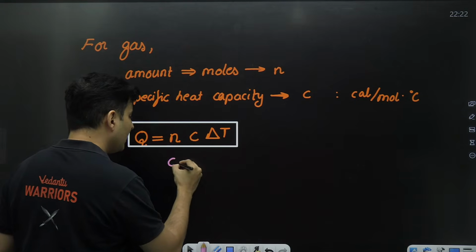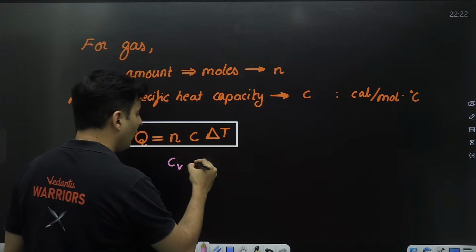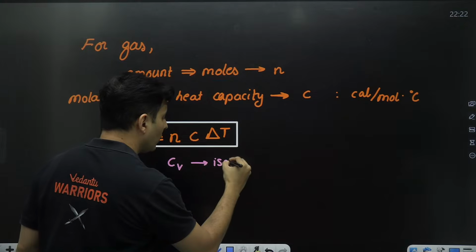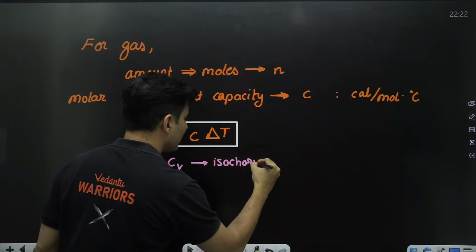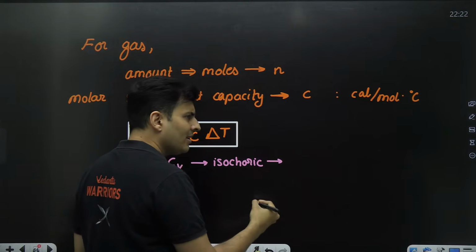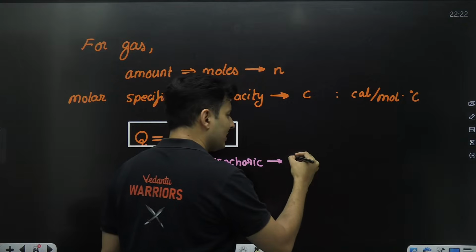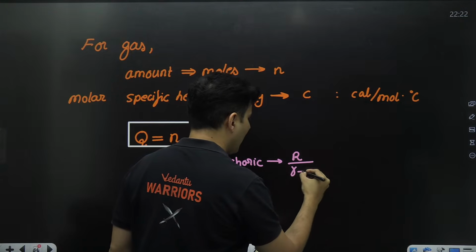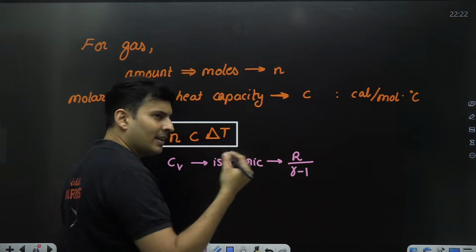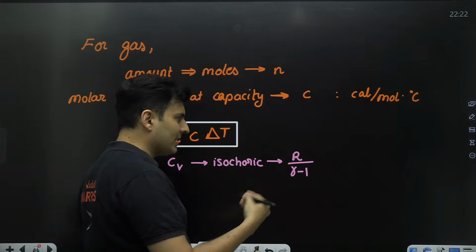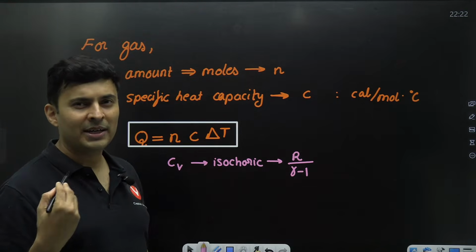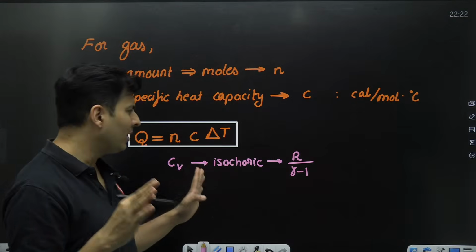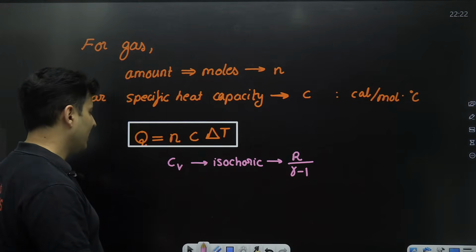In that case, it is Cv, for an isochoric process. And the value of Cv, we all know about it. It is nothing but R upon gamma minus 1. Gamma is the ratio of specific heat capacities, which depends on diatomic, monatomic, triatomic, degrees of freedom, and all of that. I hope you remember that.